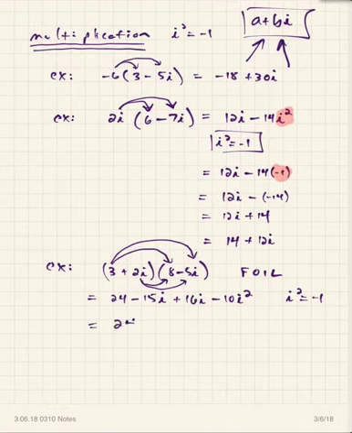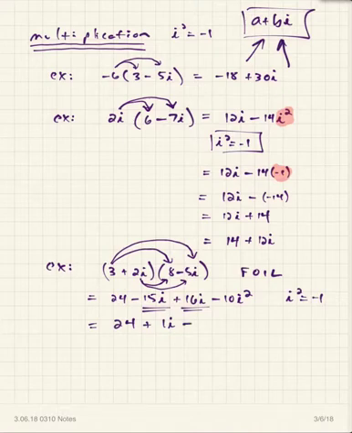So you'd have 24. The middle two terms are like terms. So negative 15i plus 16i. Negative 15 plus 16 would be 1. So you have plus 1i. And again, WebAssign will count 1i wrong probably, but there's nothing wrong with writing 1i. But they'll write it as just i instead of 1i.